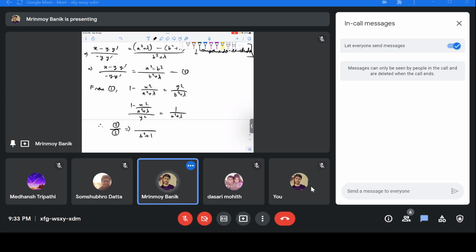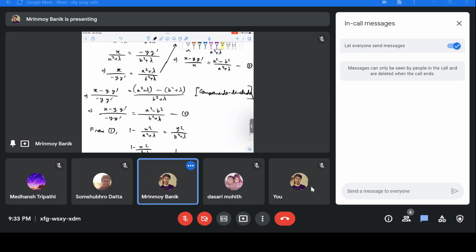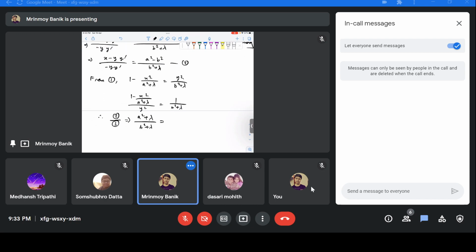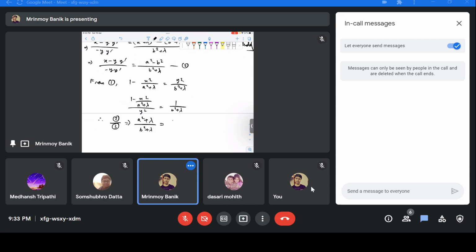So b squared plus lambda by a squared plus lambda, x minus y dashed.